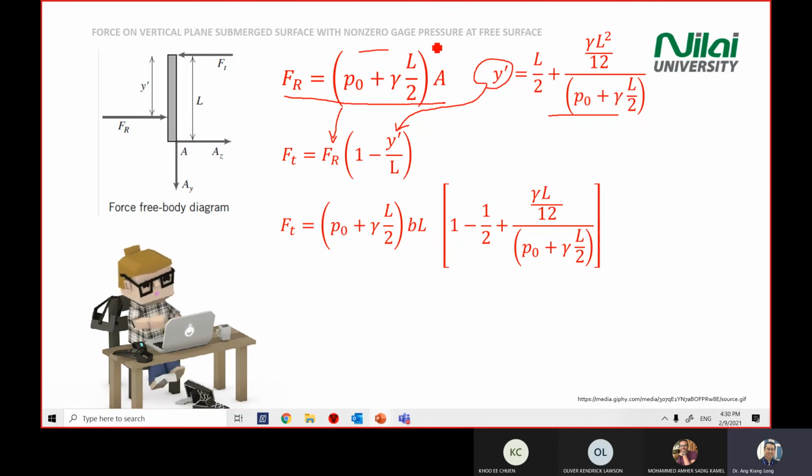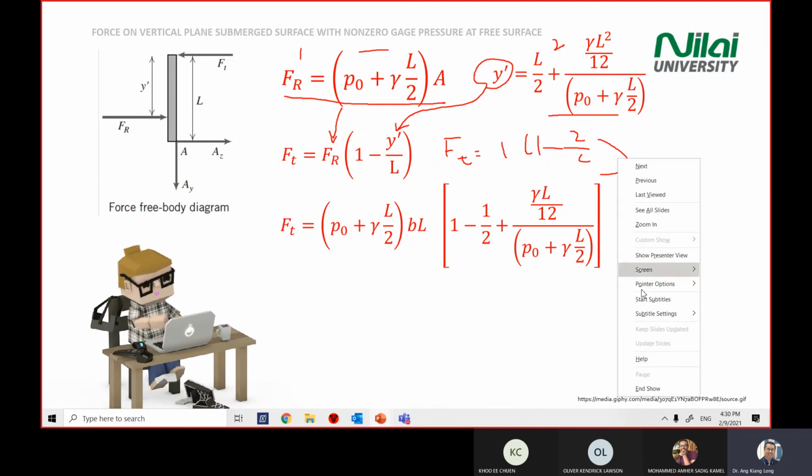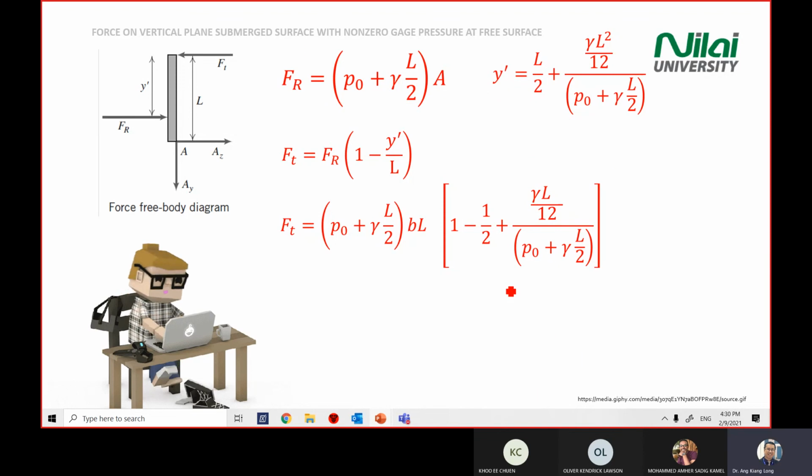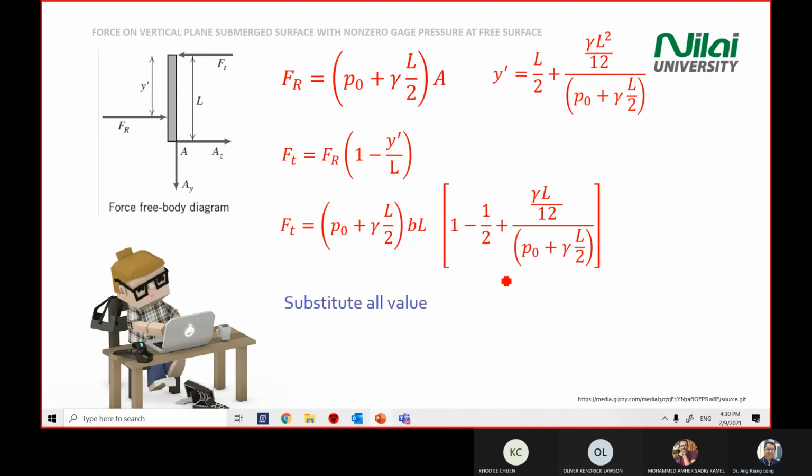So let's say you get FR equal to 1, Y prime equal to 2. Then when you substitute here, you need to write this equation, and then in your answer, you write 1 minus 2 divided by L. Let's substitute the L also. All right. So you're able to get the final answer for the FT.